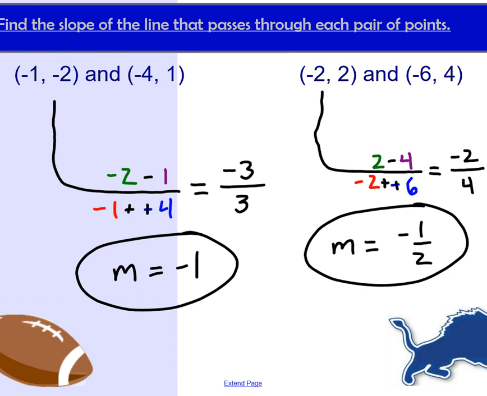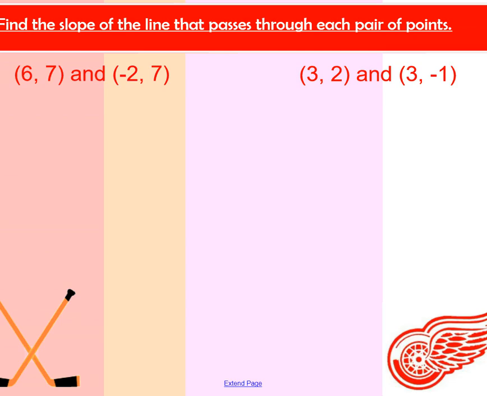So I'm going to stack them up again. So I have 6, 7, negative 2, 7. Draw my slide.